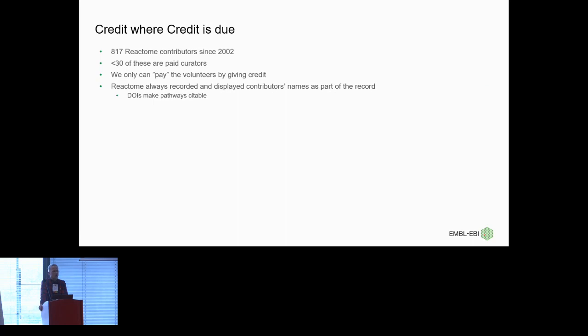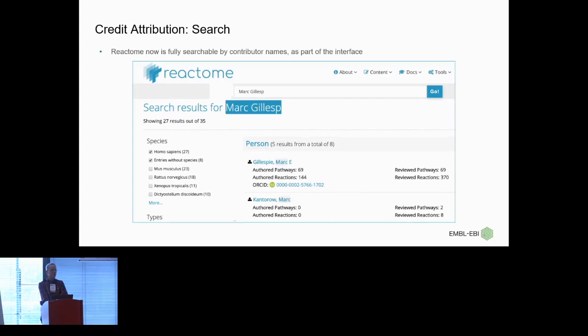The paid curators probably have done the lion's share of the work, but many of the individuals have made a lot of small and often larger contributions. We can only pay these volunteers by giving credit. And we've always provided DOIs to make pathways citable, but we've also always recorded the names and later on the ORCID IDs of contributors.